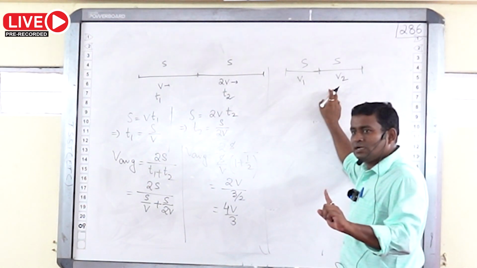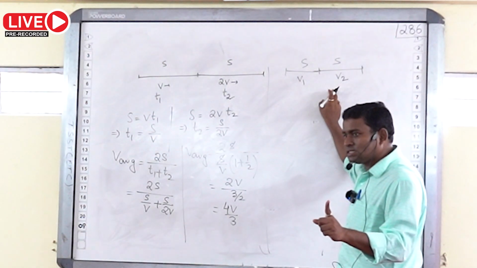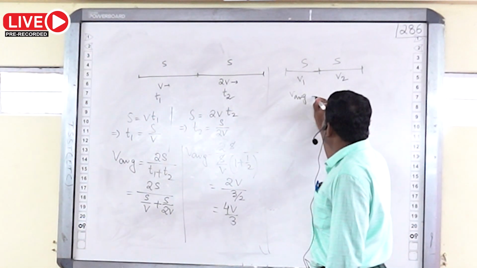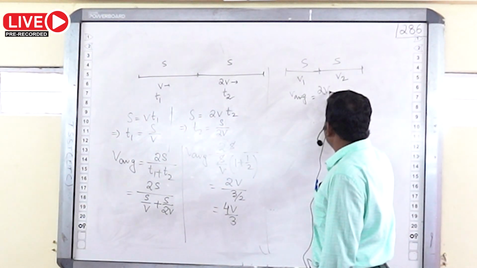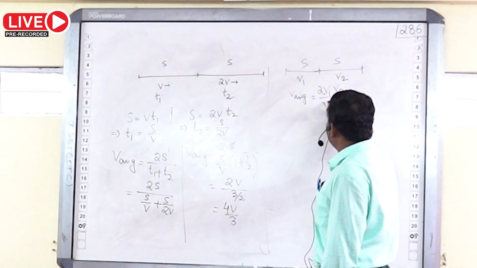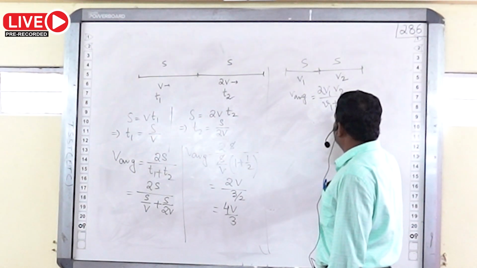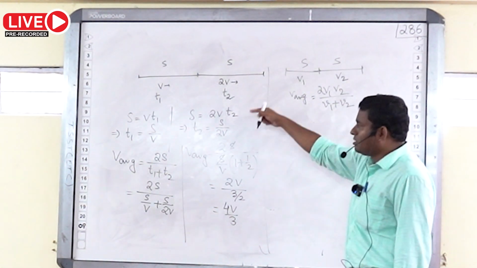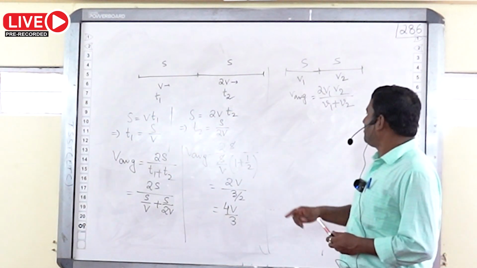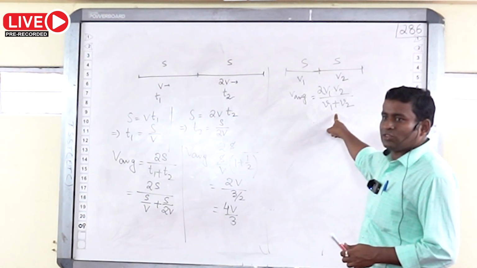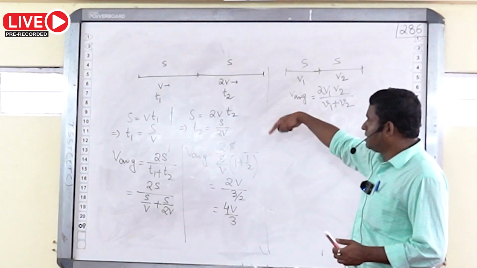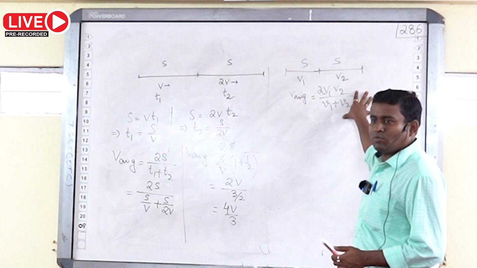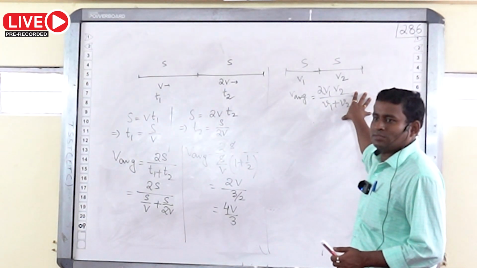So it will take different time to cross those distances. In that case, average velocity will be 2v1 v2 by v1 plus v2. It is coming from this formula. If you apply this general method, you will derive this formula by this technique. So we have to remember this formula and just put the values.